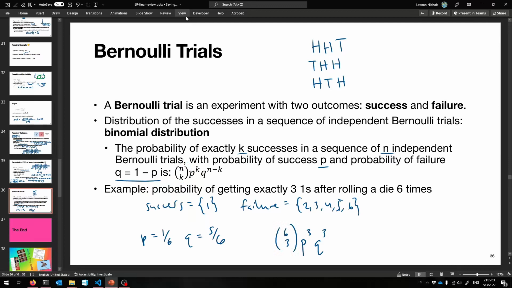That's the different ways of picking which rolling of the die gave you your success. And so this is what we need to calculate. 6 choose 3 is going to be 6 times 5 times 4, that kind of permutation, over 3 factorial, so that's 3 times 2 times 1. And that's times 1/6 to the 3rd power, and that's times 5/6 to the 3rd power.